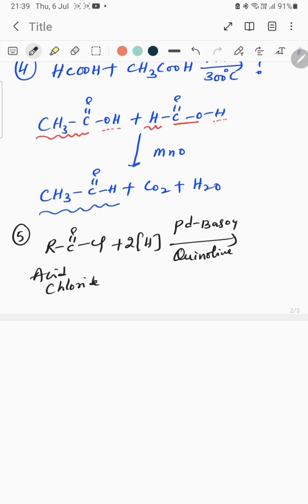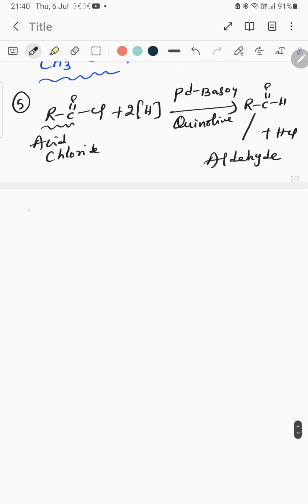This combination is called Lindlar's catalyst. One hydrogen with Cl gone in the form of HCl. The RCO group with one H, we get aldehyde, C double bond OH, plus HCl. Aldehydes are formed. This is the Rosenmund reduction.